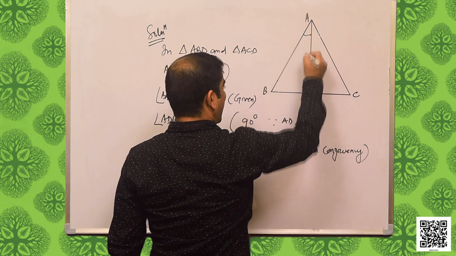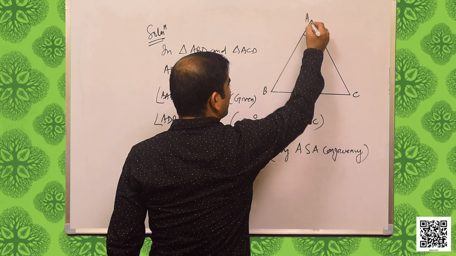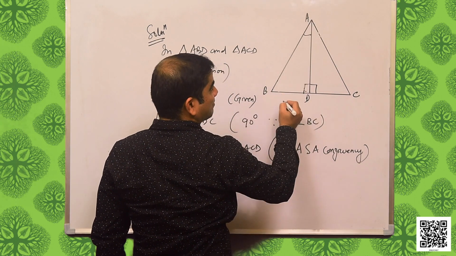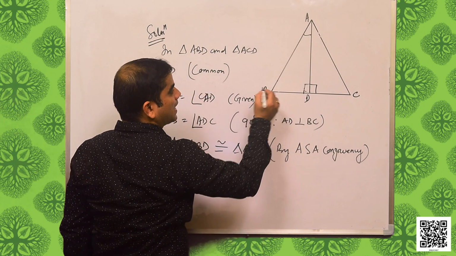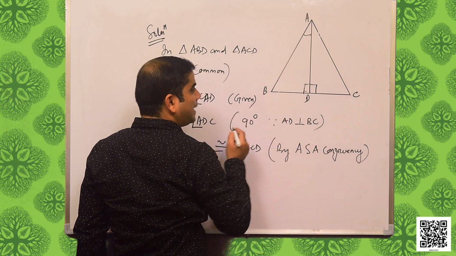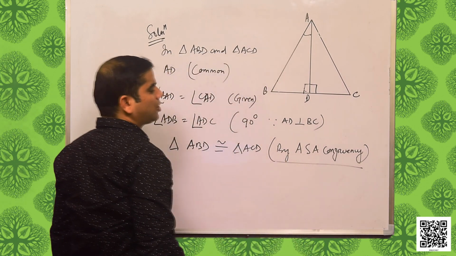AD is the arm of angle BAD as well as angle ADB. So they are following ASA congruency.